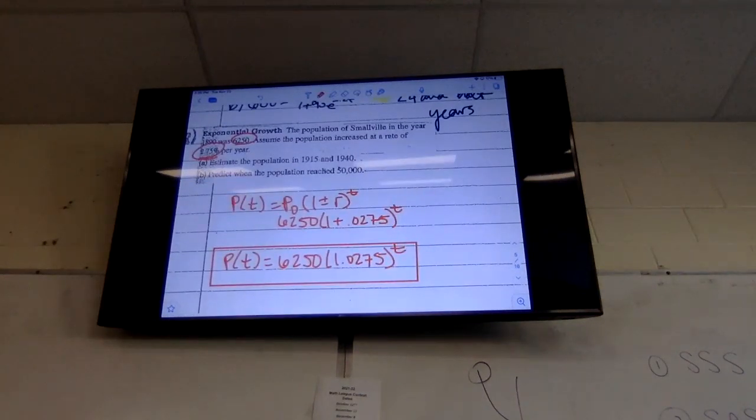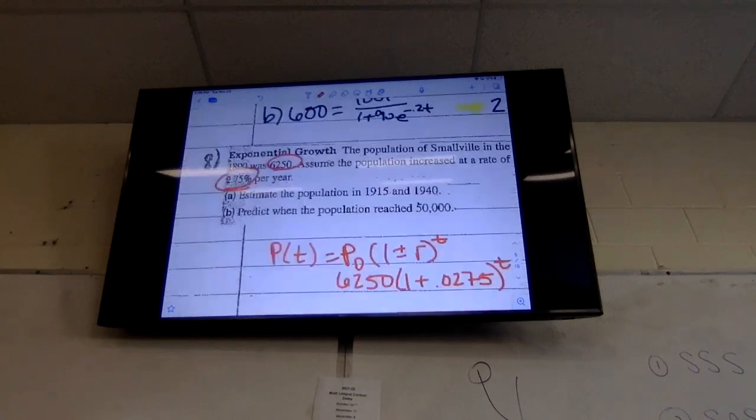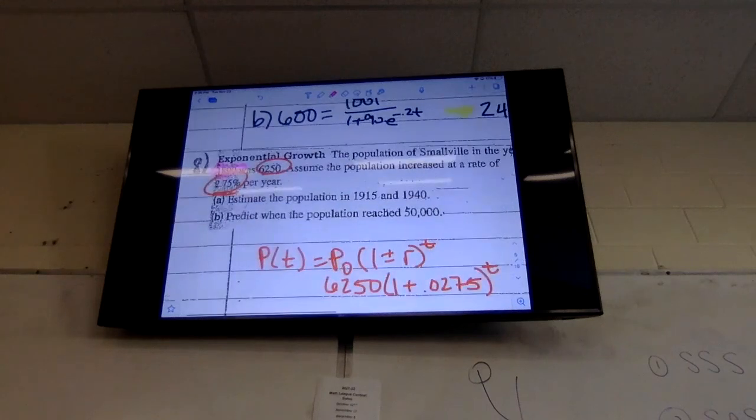All right, the reason we have to write the equation is for letter A, it says estimate the population in 1915 and 1940. If we started in the year 1890, what am I going to plug in for T to represent 1915? 25. What am I going to plug in to figure out what it is in 1940?